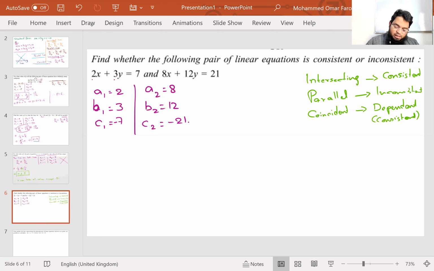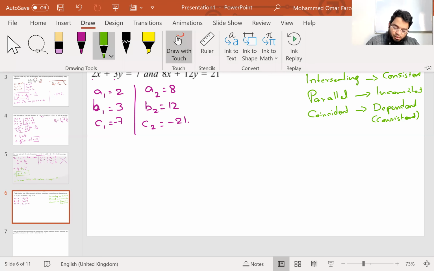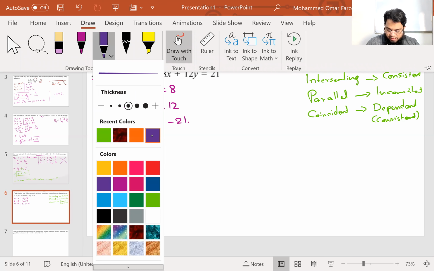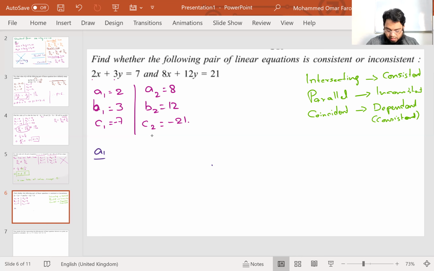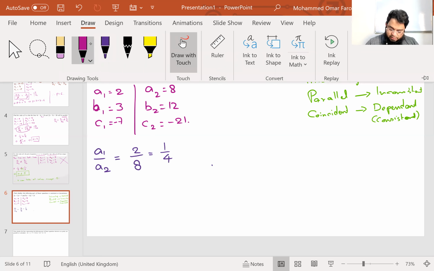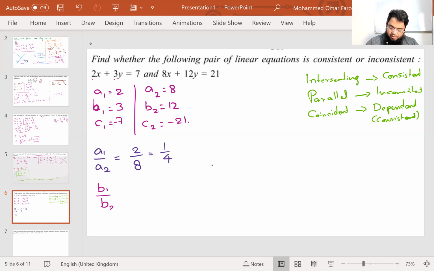So now let us find out the ratios one by one. What is a1 by a2? a1 is 2, and 2 by 8 is equal to 1 by 4. And let us find out the ratio of b1 and b2. It is 3 by 12, that is also equal to 1 by 4.